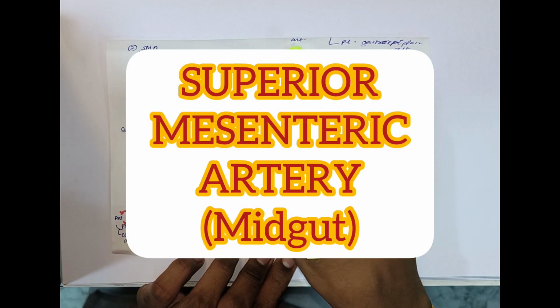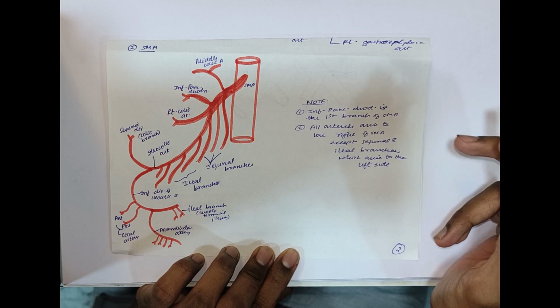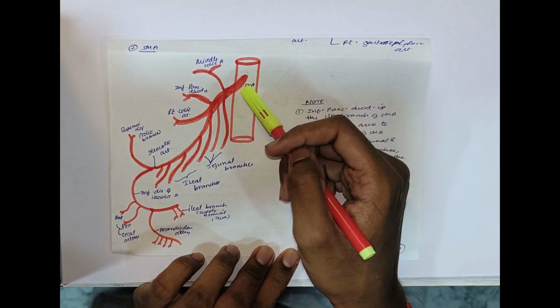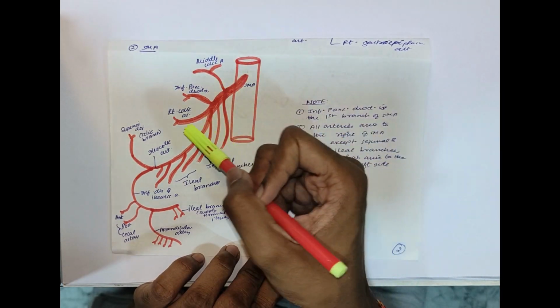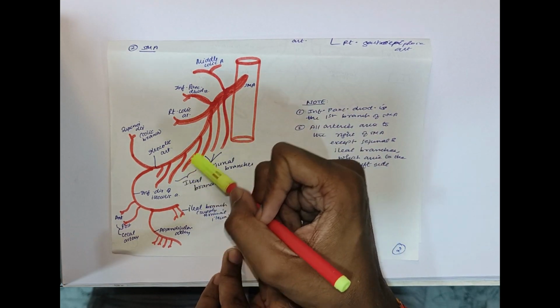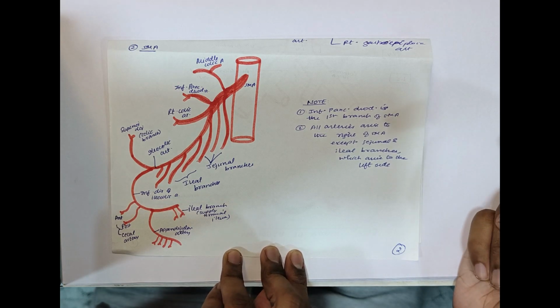Now let us talk about the superior mesenteric artery, which is also known as the artery of the midgut. The superior mesenteric artery gives off colic branches, that is, the middle colic artery and the right colic artery. It also gives off jejunal and ileal branches, which supply the jejunum and the ileum respectively.